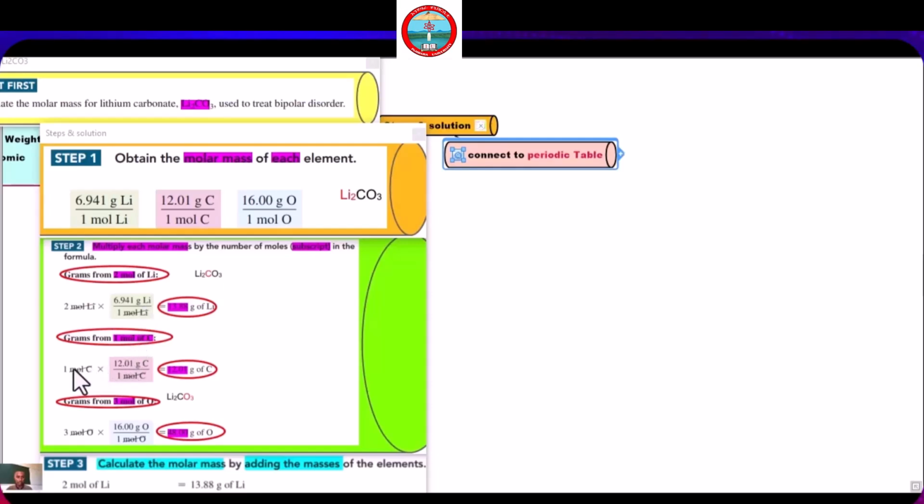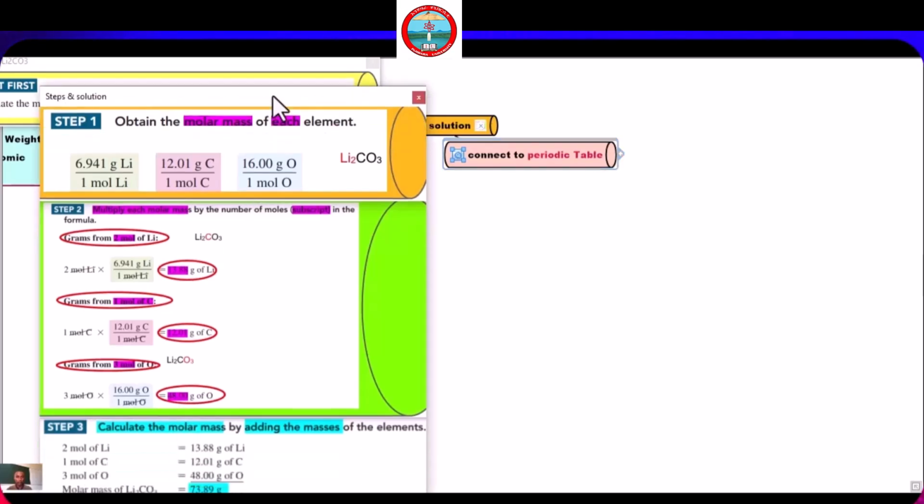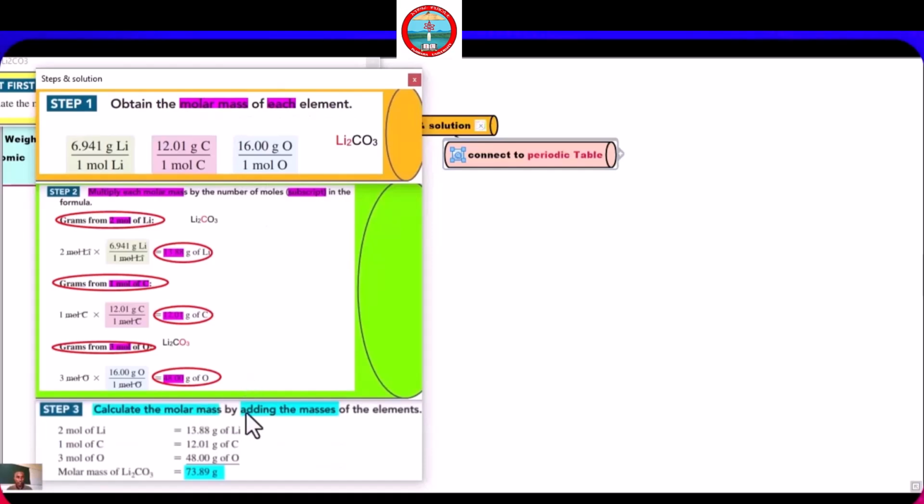And multiply the molar mass of oxygen by its subscript to obtain the total molar mass of each element. Step 3 is to calculate the molar mass by adding the masses of the elements. If you add the mass of all elements in the compound, the molar mass of lithium carbonate becomes 73.89 grams. This is example 1.